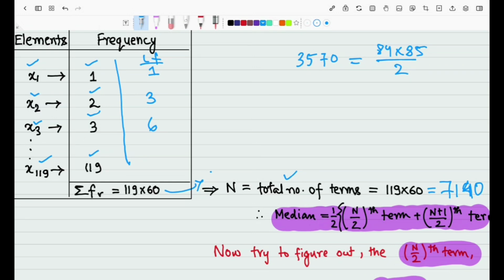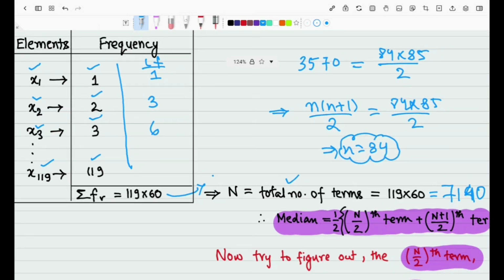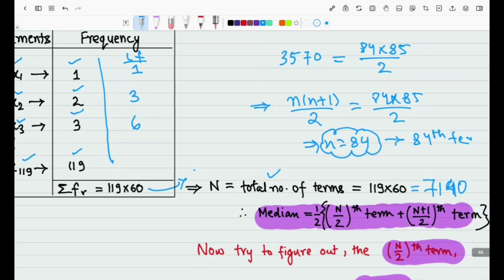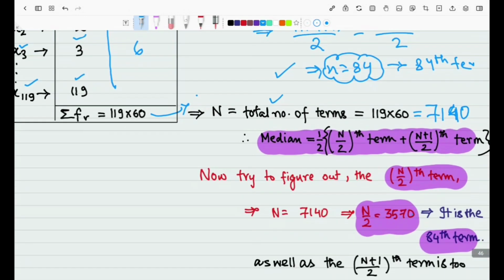So after that, if we compare this to n into (n plus 1) by 2, what we get is that n is equal to 84, right? So from here we can say that this is the 84th term, because the cumulative frequency must be equal to 3570, and therefore it is the 84th term, right?